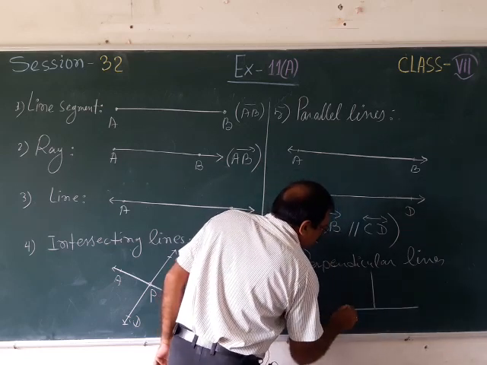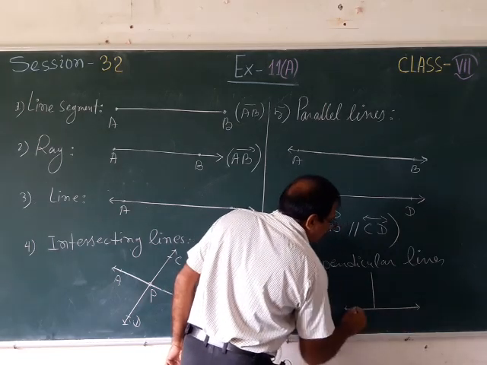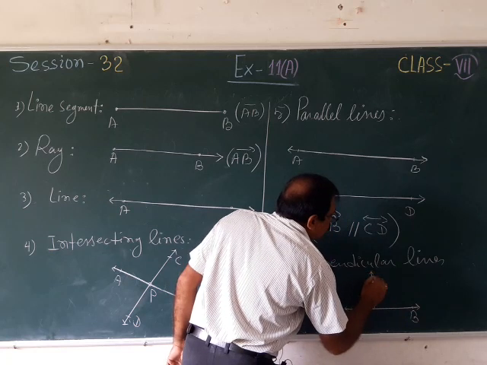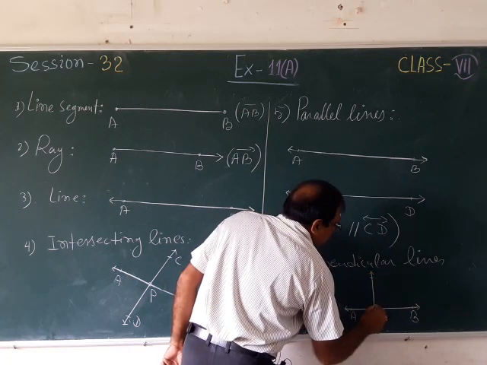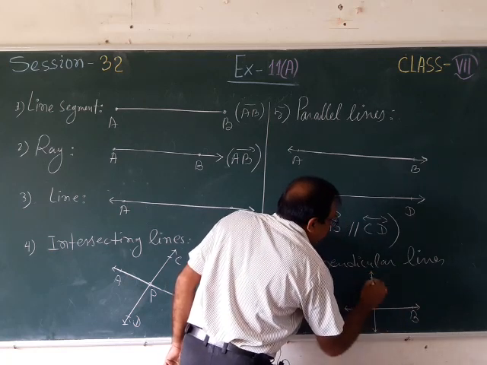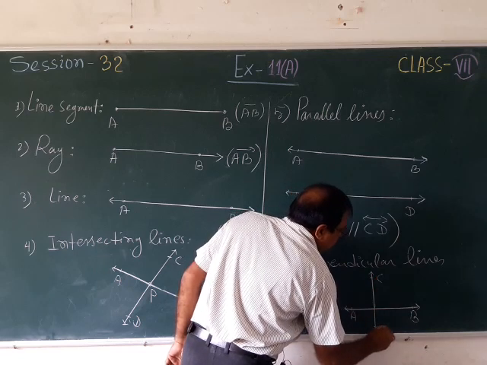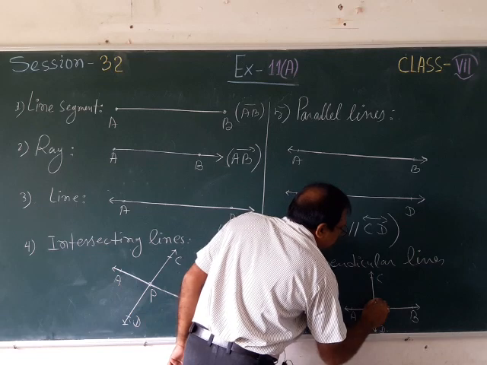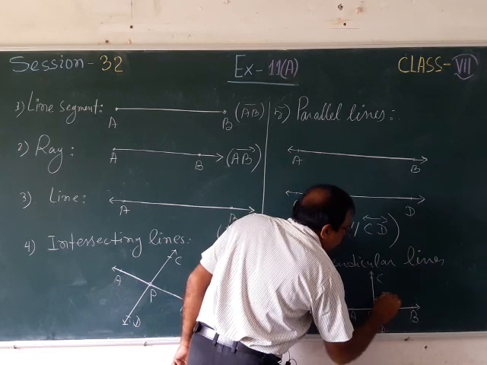Suppose you are having a line AB, and here you are drawing another line like that. Suppose its name is CD. They are intersecting at a point P and the angle between them is 90 degrees.